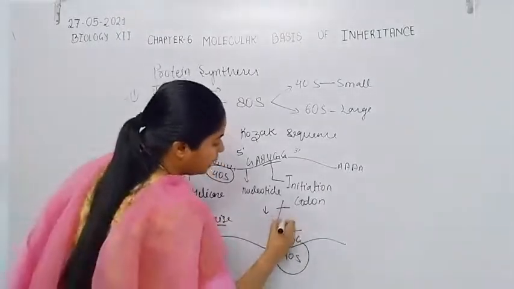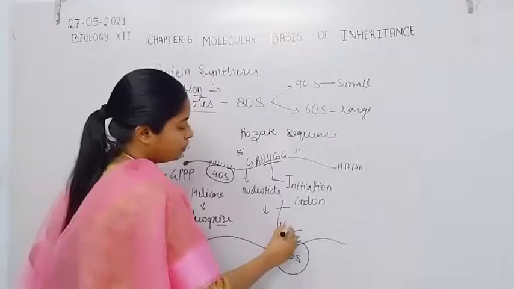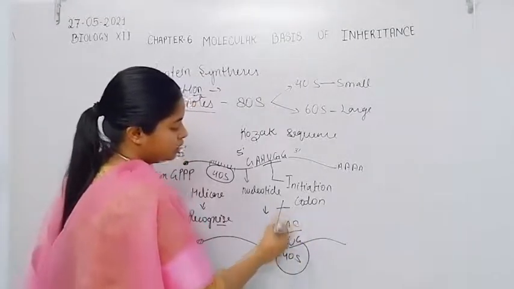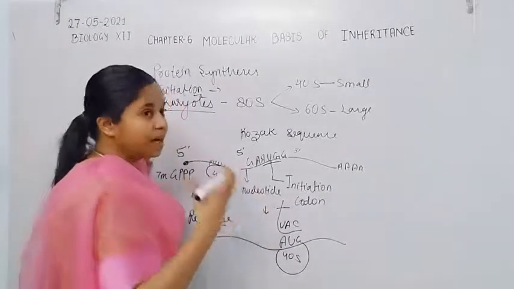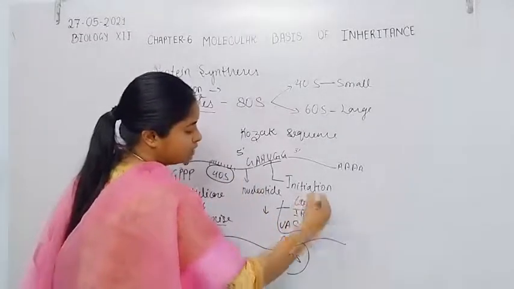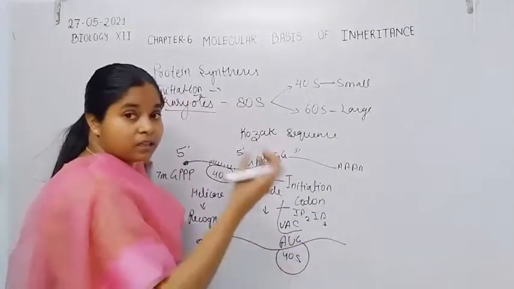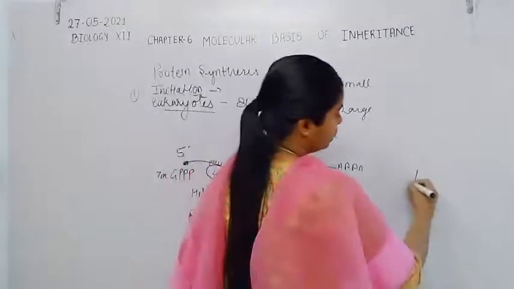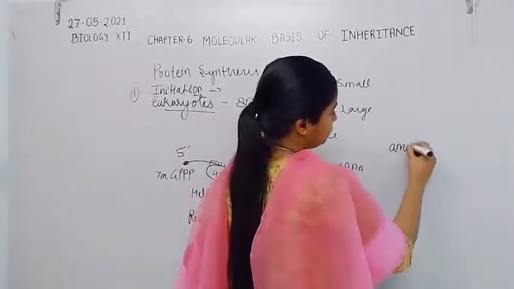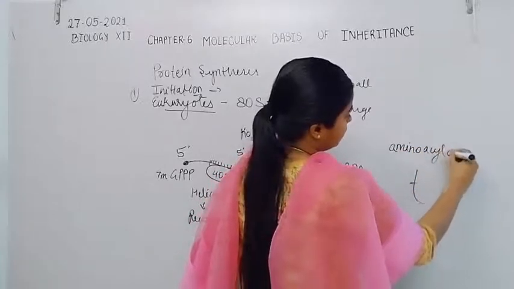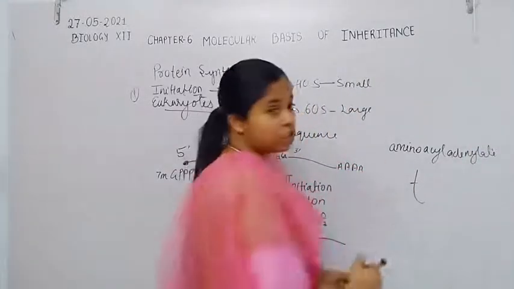The tRNA anticodon is complementary, because A is complementary to U and G to C. With the help of initiation factors 2 and 3, the tRNA carries the amino acid, which is charged, forming amino acid adenylate, to form the charged amino acid.